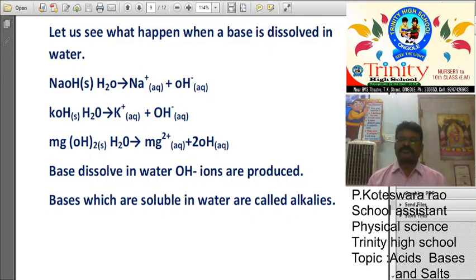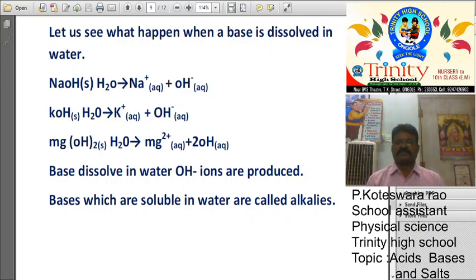Recent experiments prove that H plus does not exist independently. It is always combined with water molecules. One H plus must be combined with 4 to 6 water molecules, so it does not exist independently. Similarly, let us see what happens when a base dissolves in water.